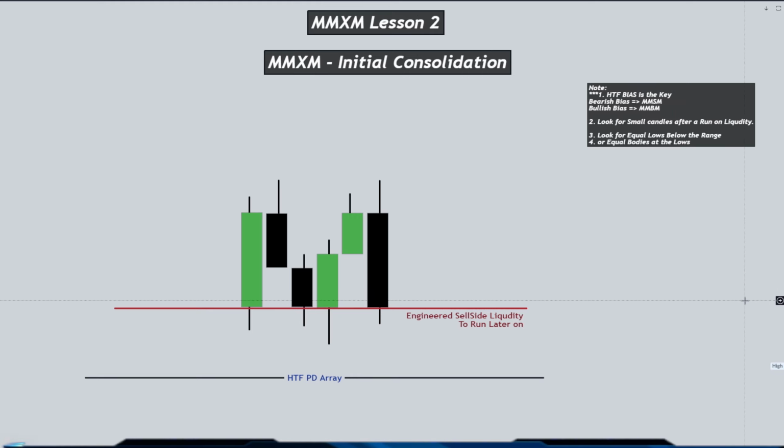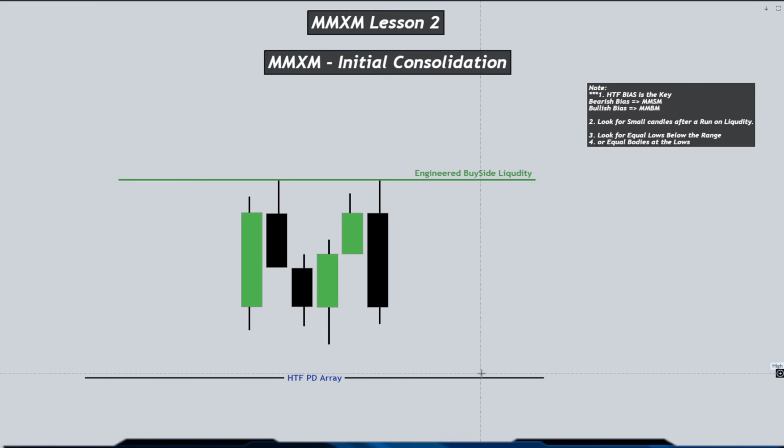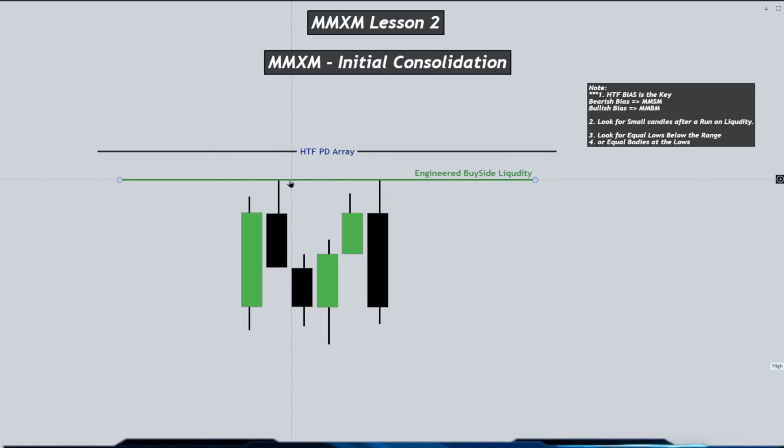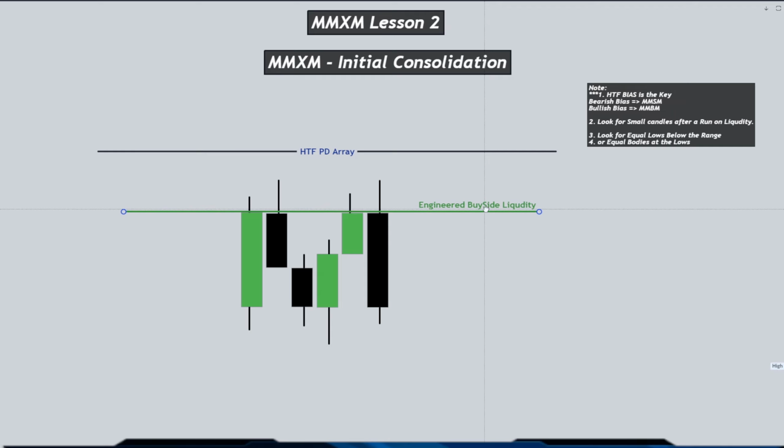On the market maker buy model, you will be looking at something like this, either equal highs that will be left behind to run later on, or equal bodies that will be sitting right there to run later on, something like that. Okay, so I hope the initial consolidation part is clear.